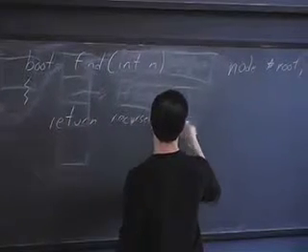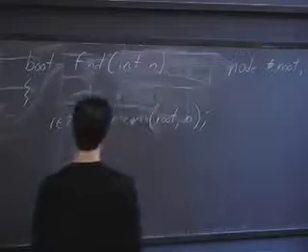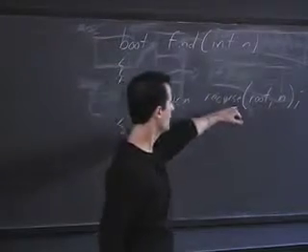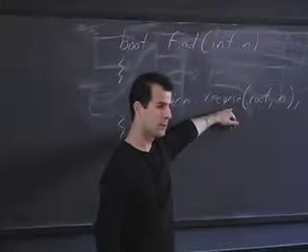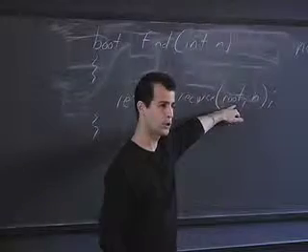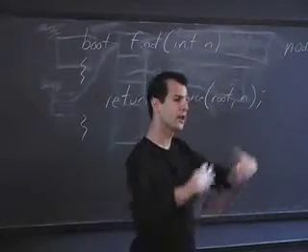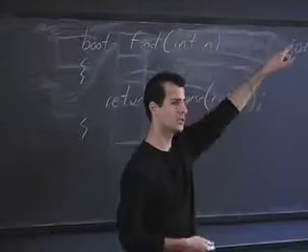And there are different ways to do this. But I'm going to claim that implementing find is as simple as calling some other function that I'm going to call recurse, and I'm going to pass to recurse the root of the tree and the value n. So this is sort of kickstarting this process of searching this tree.